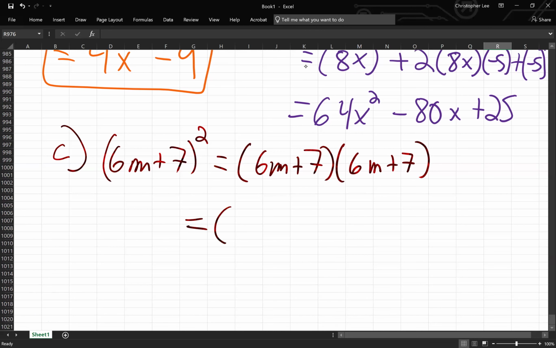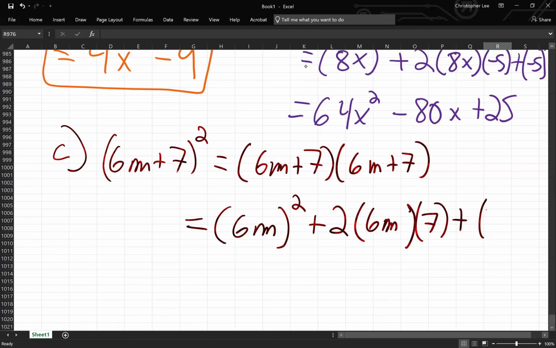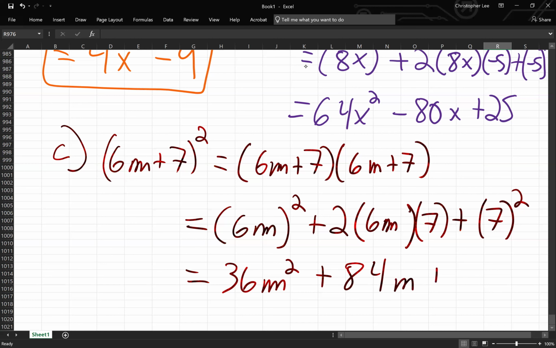This is going to be 6m squared plus 2 times 6m times the 7 plus the 7 squared. A little bit of math. 36m squared plus, what's 12 times 7? 21, 42, 84. Plus 49.